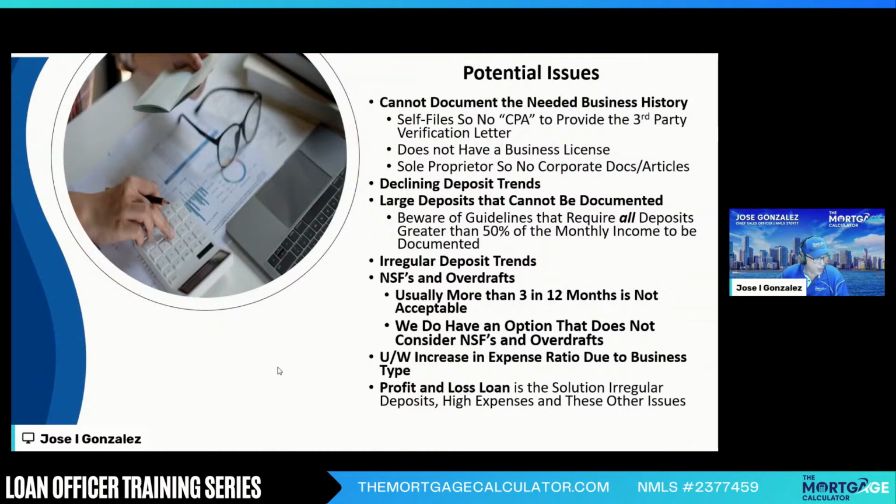Now, what are some of the potential issues, right? We do have a workaround for this, which I'll let you know at the end. But the potential issues: number one, the biggest one, cannot document the needed business history, right? The borrower self-files. They don't have any CPA, accountant, or tax preparer that can provide the third-party verification letter.